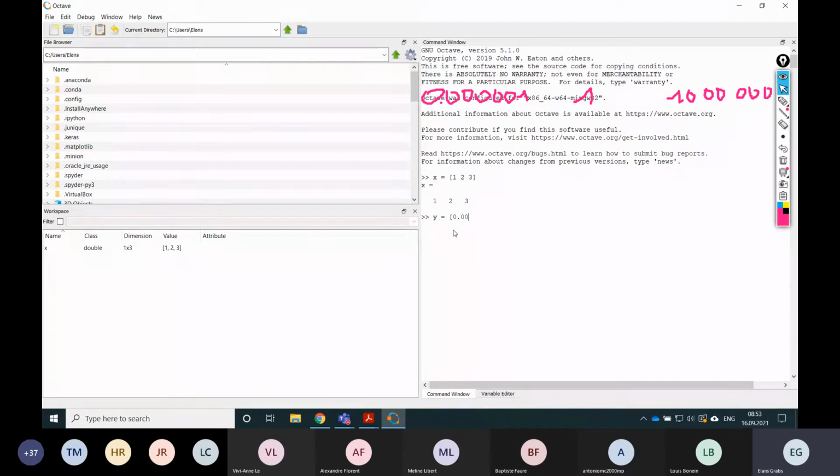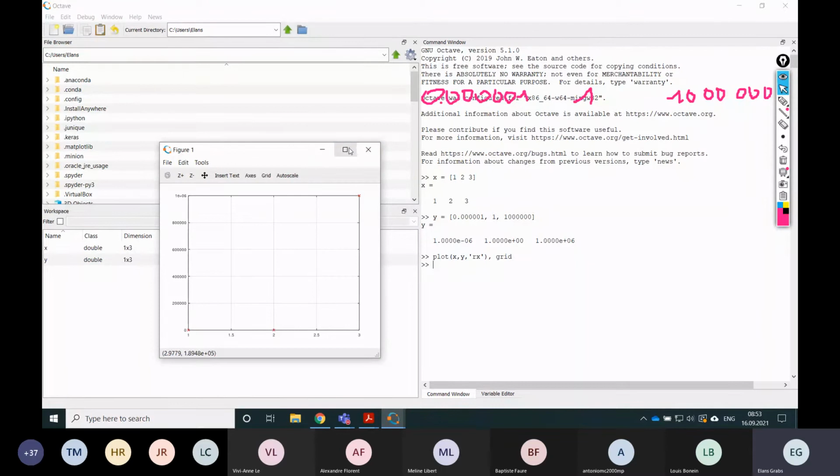So I have 5 zeros. The second one will be 1, and the third one will be 1 million. Now I'm trying to plot this. Plot x, y, using red colored crosses. I will add grid lines.